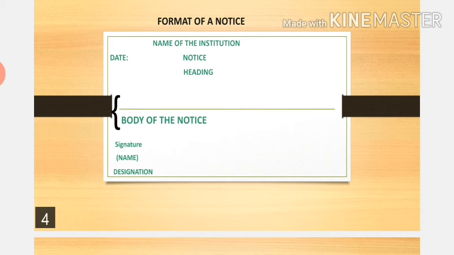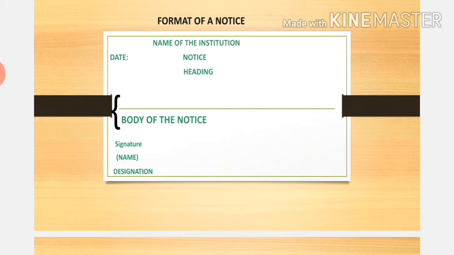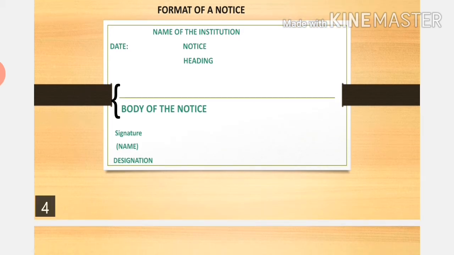It is always good that you write the heading in bold letters. Then at the left hand side of the page, you have to write the date. Then the body of the notice should follow, which should be written within 50 words. Then you write the signature, the name of the issuing authority, and the designation.